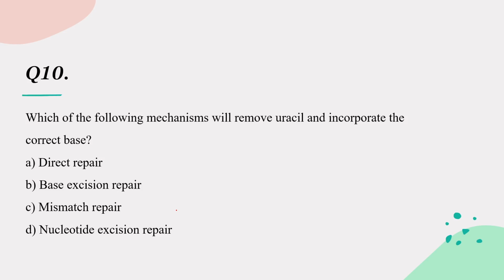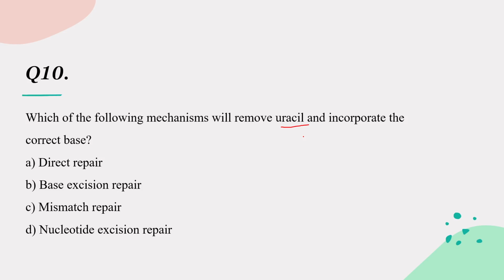Which of the following mechanisms will remove uracil and incorporate the correct base? We are talking about a single nucleotide, that is uracil, and incorporating the correct base. What will be the answer?